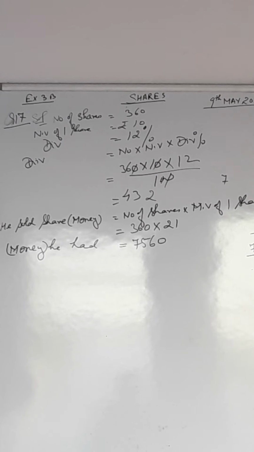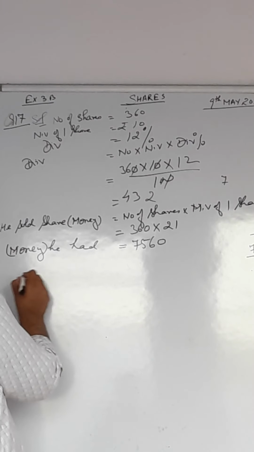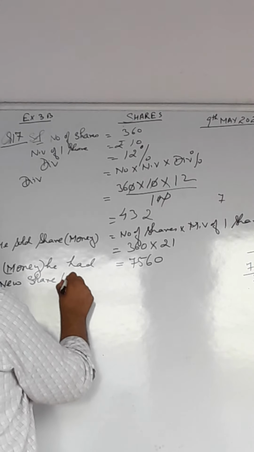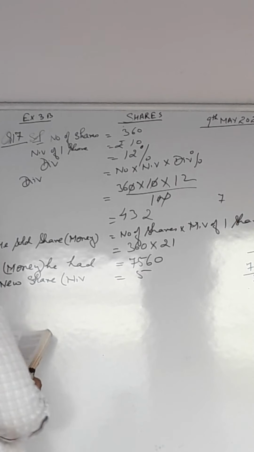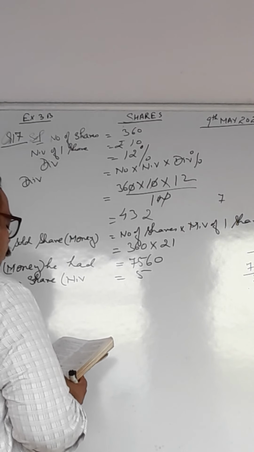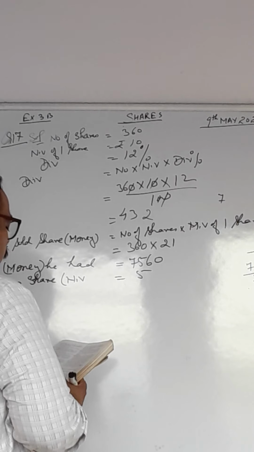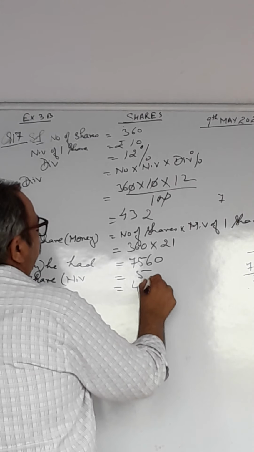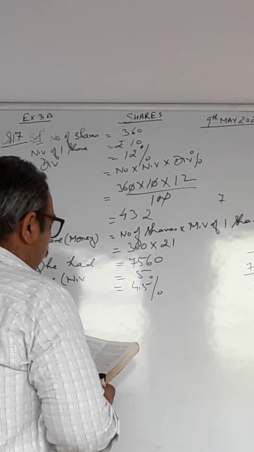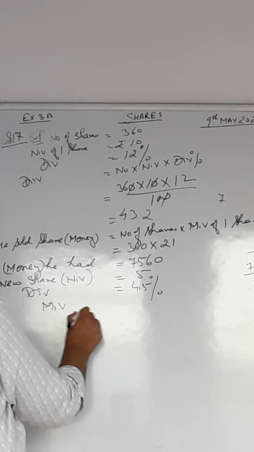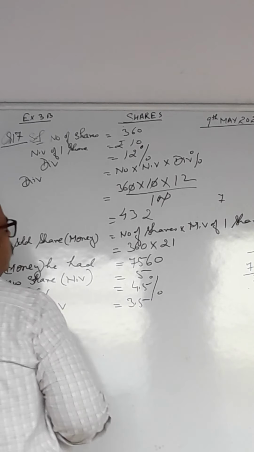He had 7560 and invested the proceeds in 5 rupee shares. Now the new share: nominal value rupees 5, paying 4.5% per annum dividend, at market value 3 rupees 50 paisa.